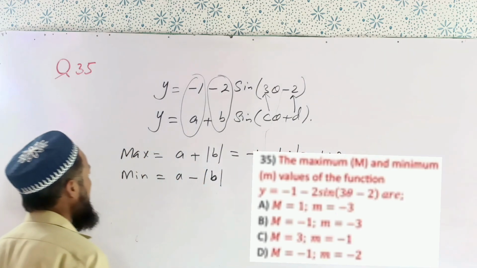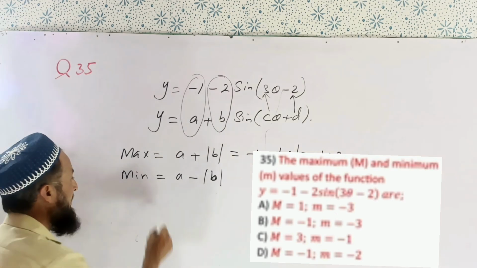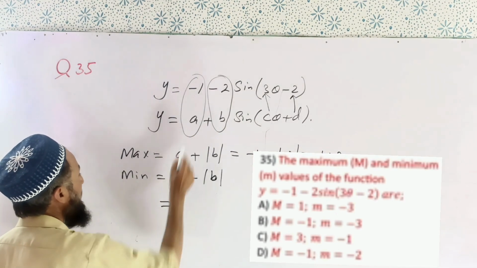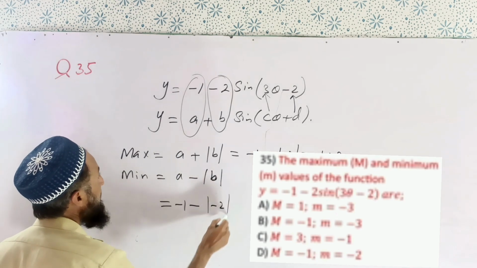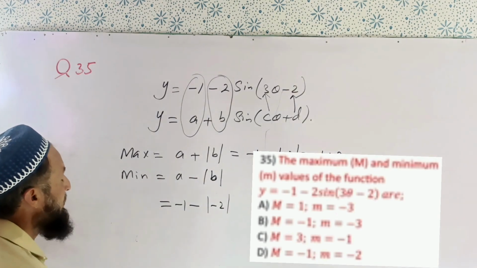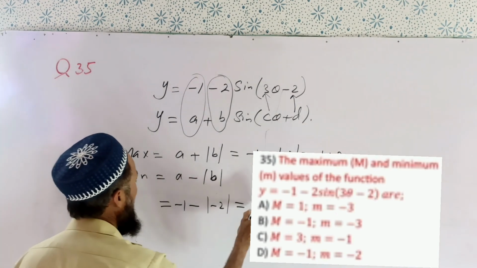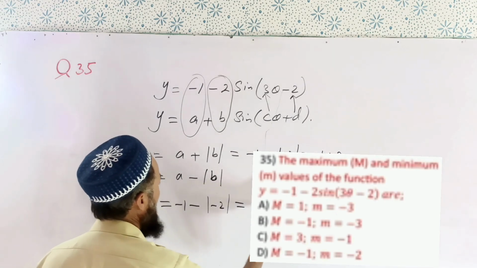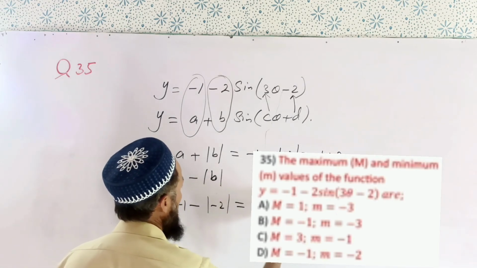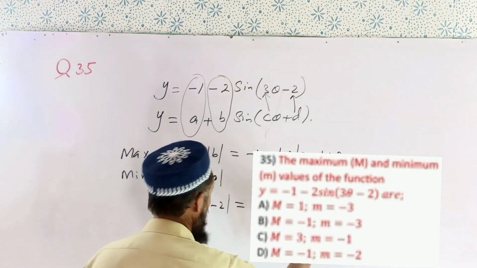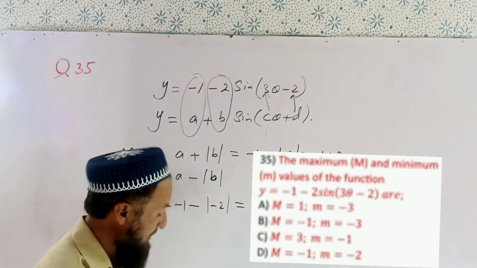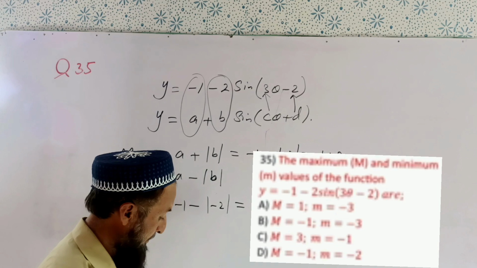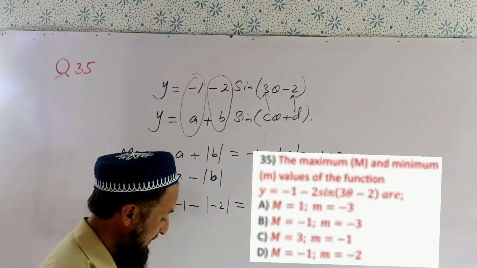So here the maximum value is +1, and similarly here a is equal to -1 and b is equal to -2, so the result will be -1 minus 2, which is -3. Now we check here, the maximum value is 1 and the minimum value is -3.